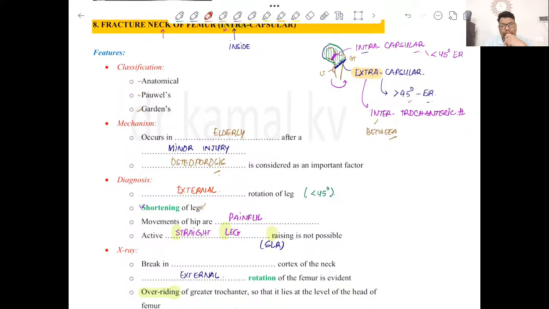Obviously there is no restriction of the capsule, so the lower limb can rotate freely, and sometimes we can see even up to 90 degree of external rotation deformity.